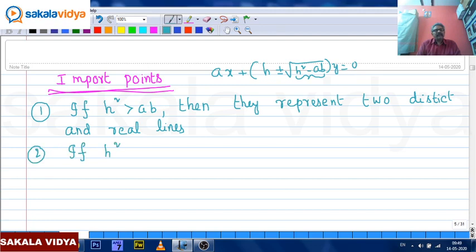If h square is equal to ab, this becomes 0, so ax plus hy is equal to 0, ax plus hy is equal to 0. Then they represent coincident lines.